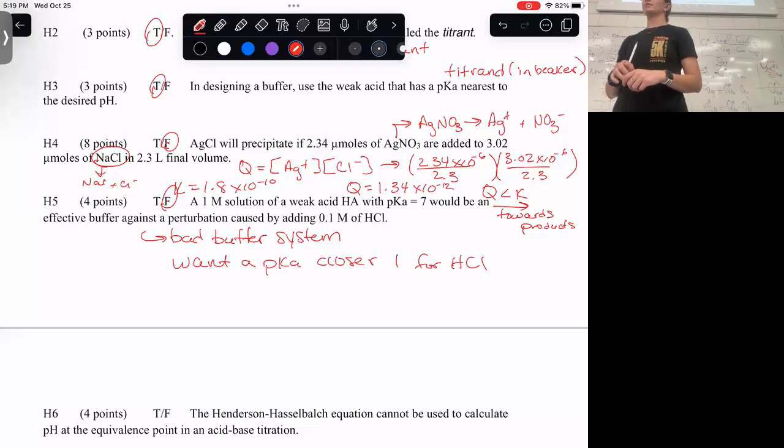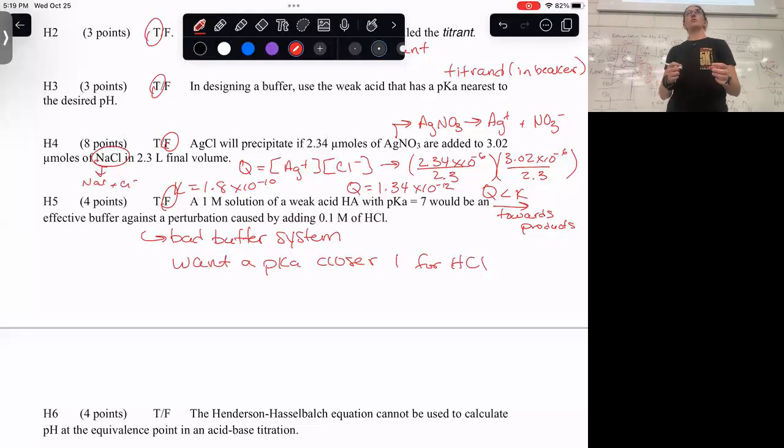Yeah, so the pKa is referring to what you're adding into. When you have something that's 7, it's going to buffer something that is around that 6, 7, 8 range. It's about finding the ideal buffer, about what can buffer what you're adding it to.